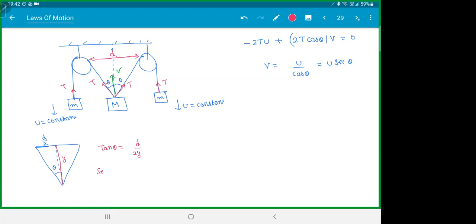Differentiate on both sides. Sec square theta d theta by dt is equal to minus d by 2y square dy by dt. So from here we get d theta by dt is equal to minus d by 2y square secant square theta, and dy by dt is nothing but minus v.